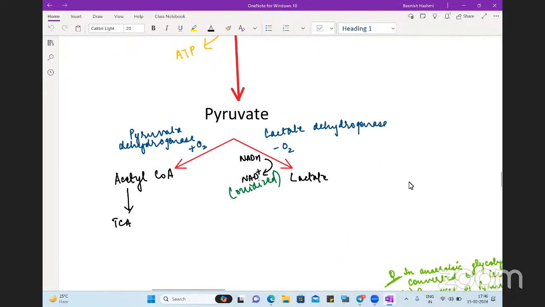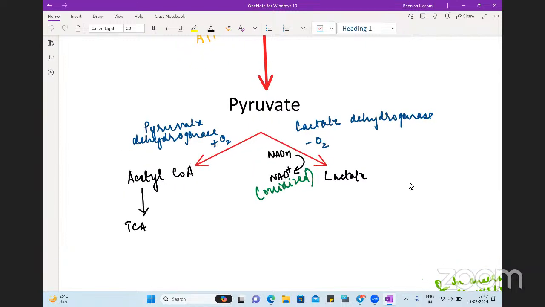And also, when does anaerobic glycolysis take place? It also takes place when skeletal muscles are exercising, when there is absence or low supply of oxygen. So to relieve the muscles of fatigue, this takes place.